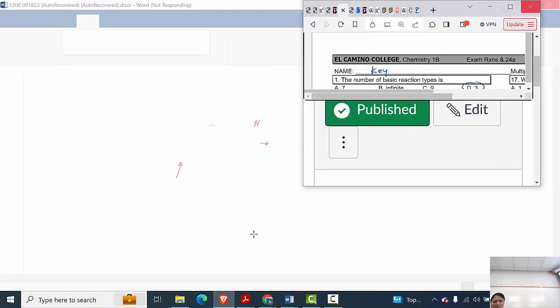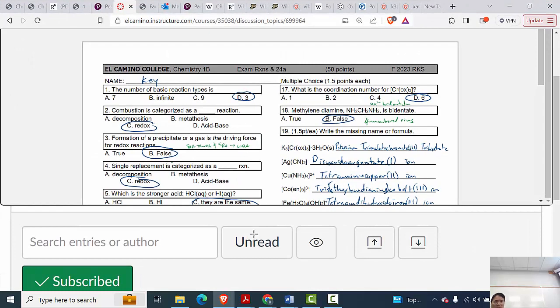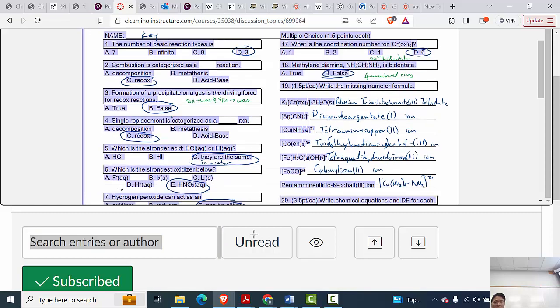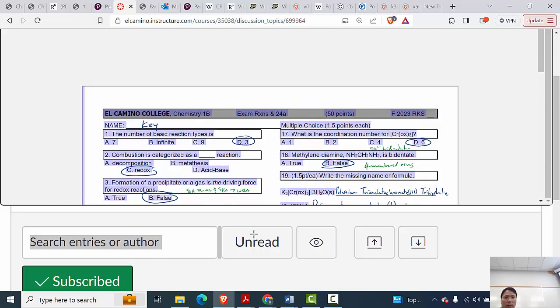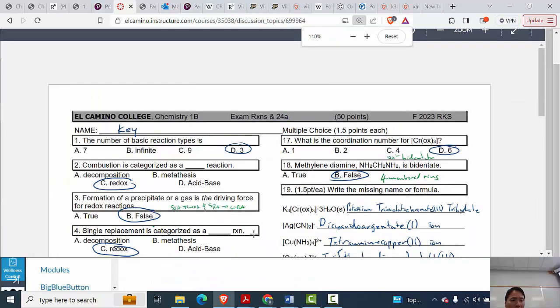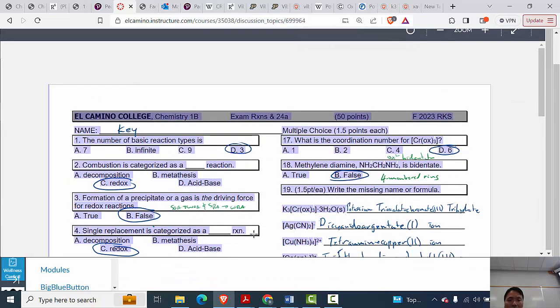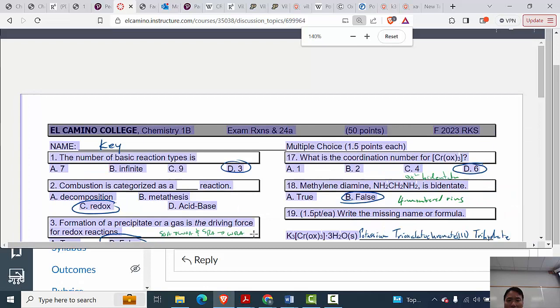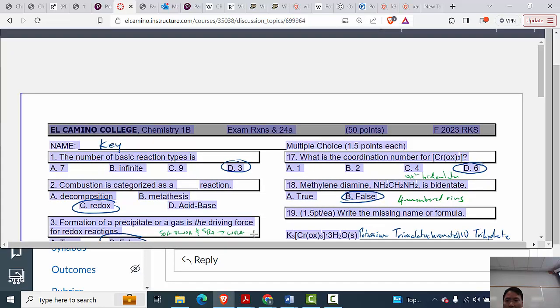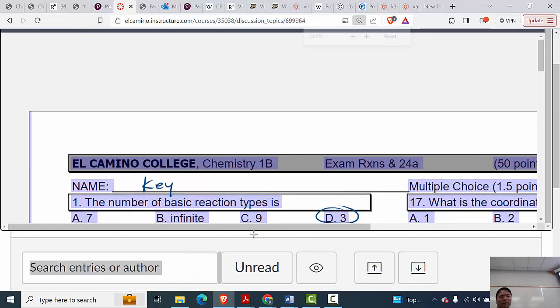We'll look at the test, the key. What is this? Forget it.